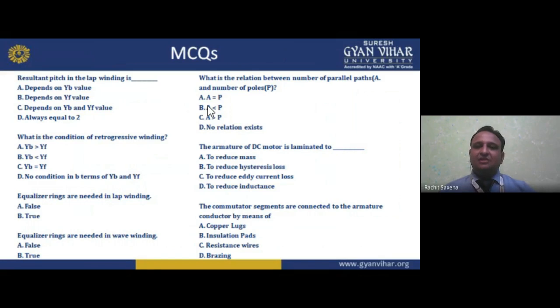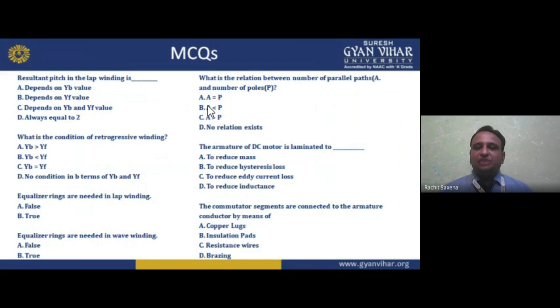What is the relation between the number of parallel paths A and the number of poles P? In lap we have A equals P, and in wave we have A equals 2. So the first one, A equals P, is correct.